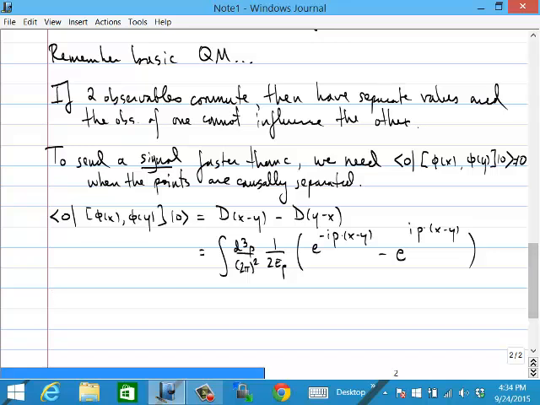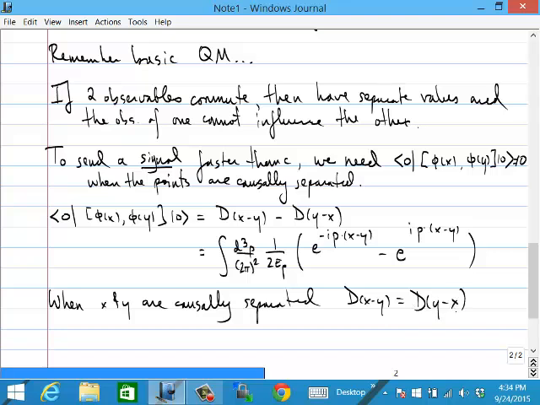But in fact, when x and y are causally separated, this commutator is equal to 0. So D of x minus y is equal to D of y minus x. What's that?